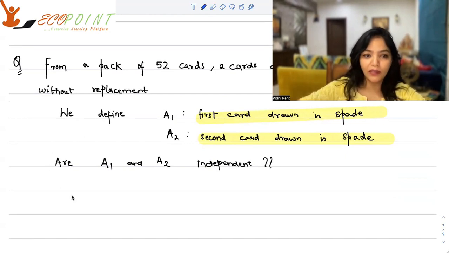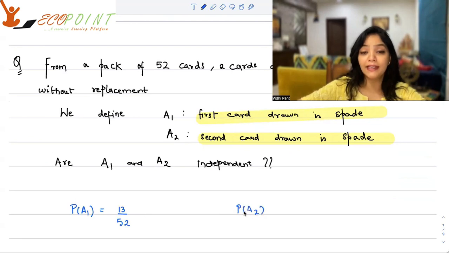So let's figure out the respective probabilities. We would require the probability of the event A1, that is, getting the first card as a spade. So 13 out of 52 cards are spades, right? What is the probability of A2? The second card is a spade. Now the second card being a spade would depend on the first card. Why? Because it's a without replacement case.